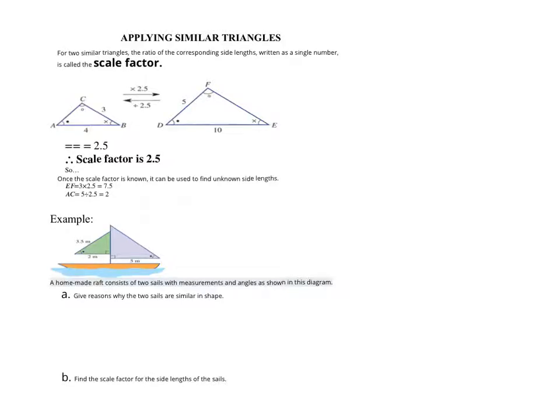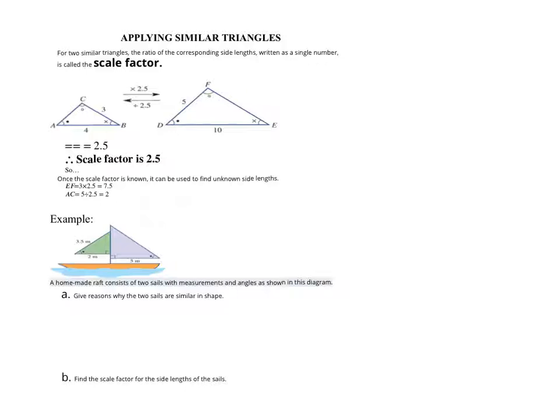Now we're going to put into practice what we just learnt in the last exercise with similar triangles. Remember what we talked about with similar triangles: the angles are the same, but the corresponding sides are in ratio. That ratio is called the scale factor.